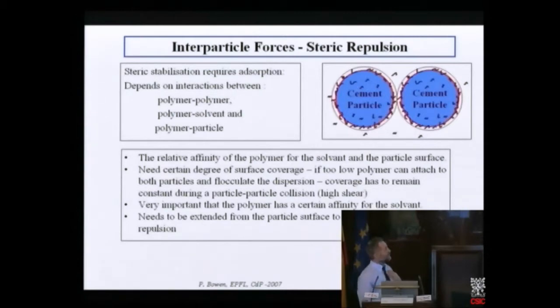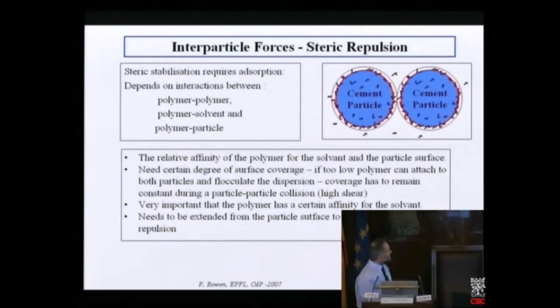We need a certain degree of surface coverage. If the polymer adsorbs on the surface, it likes the particle surface, it comes together. But if it's not totally covered and the polymer is long enough, it can attach to 2 surfaces. So we get what we call bridging flocculation.